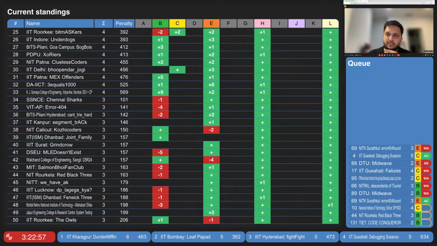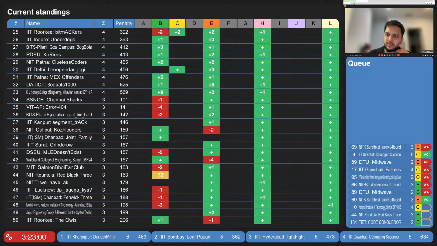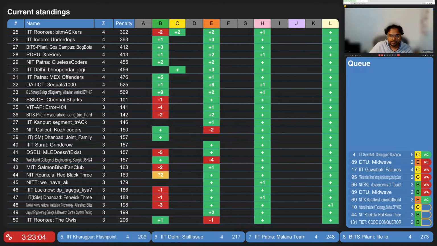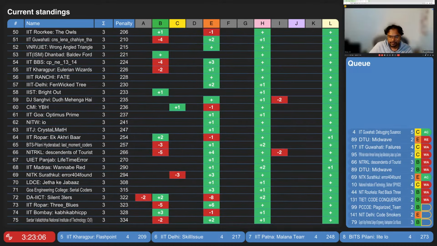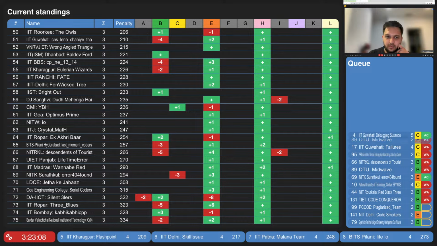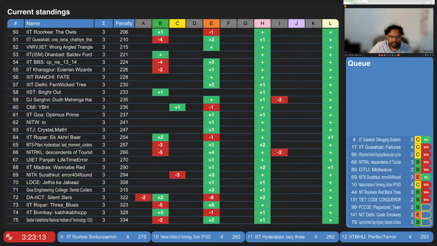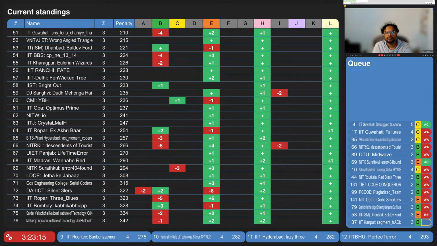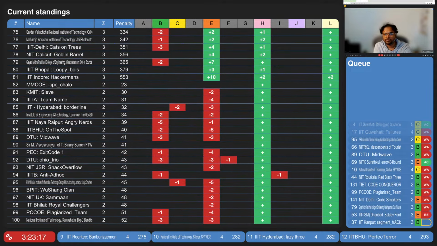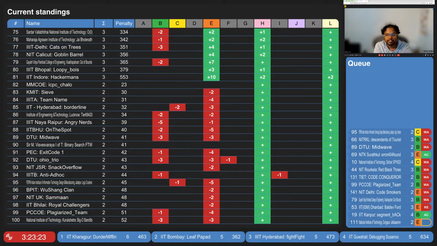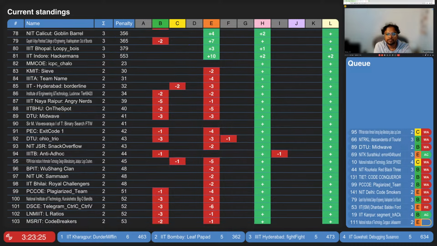All right. I think we don't have any other changes in the leaderboard for the last few minutes. One more team solving five just now. Okay. I think debugging Susano from IIT Guwahati has solved. Which one have they solved? They actually have two submissions in 1 minute, so they came from three to five.